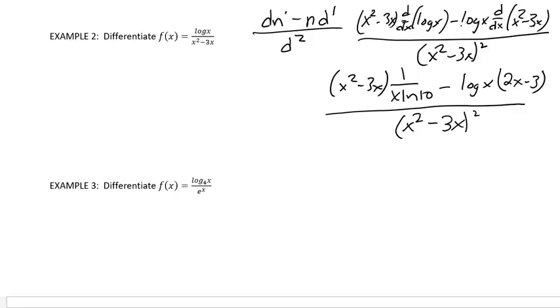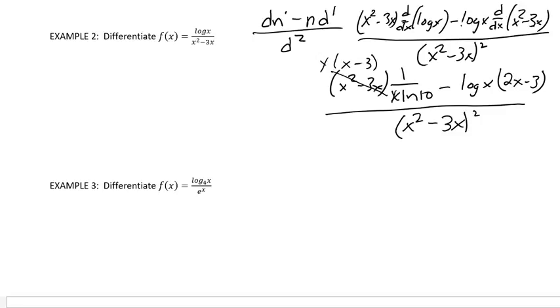Now, do any simplifying that we can do. There's not a lot here. We can pull out an x out of here. This becomes x times x minus 3, and this x and this x here cancel.